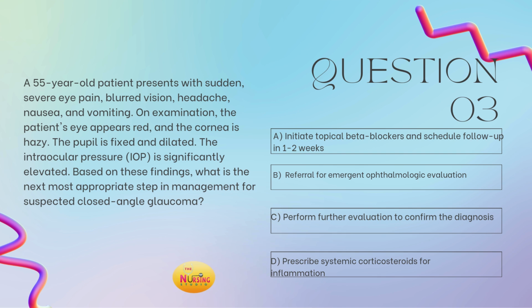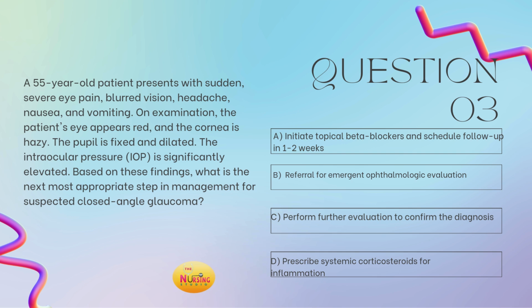And I know I'm going to butcher these words, but I don't know why that makes me so tongue-tied. Whatever. C, perform further evaluation to confirm the diagnosis. Or D, prescribe systemic corticosteroids for inflammation. What do y'all think of this one?